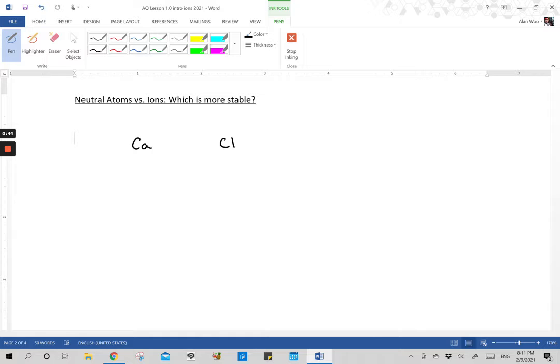In this case, calcium is found in the second family, second column. So that means it has 2 valence electrons. If I were to draw those 2 valence electrons on the top here like this, we'll just make a note that these are valence electrons.